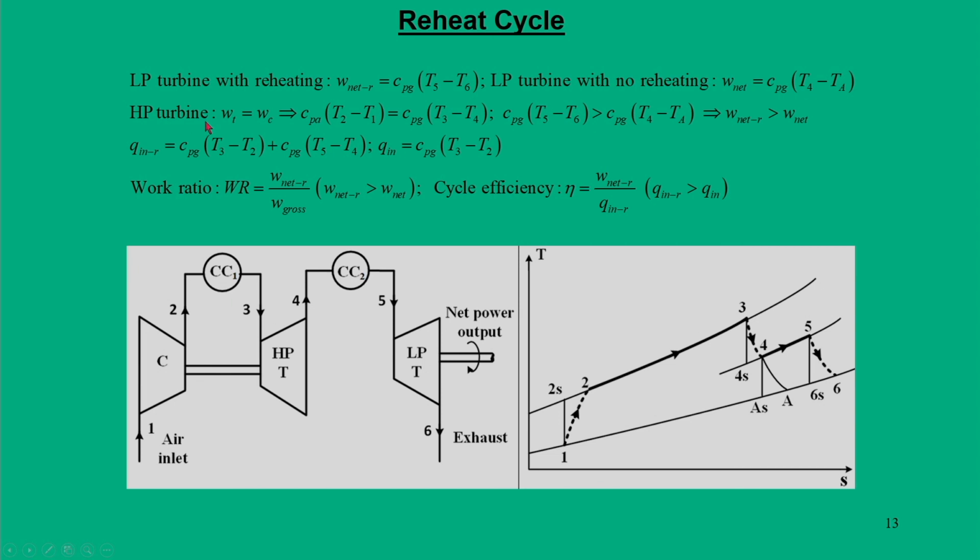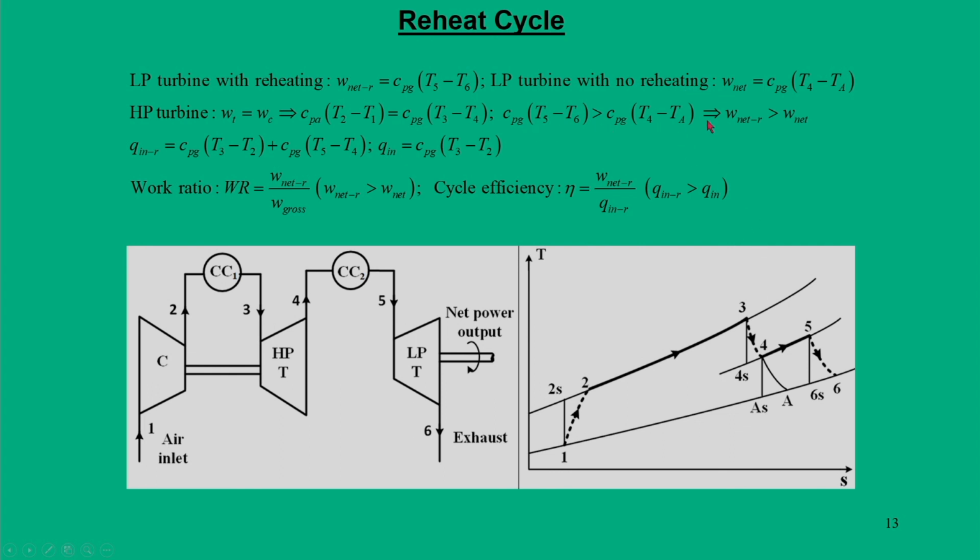Now, similarly for the HP turbine we can get the compression work, but finally what matters is the net work due to reheat, and we can find this out for the process without reheating and with reheating in an LP turbine.